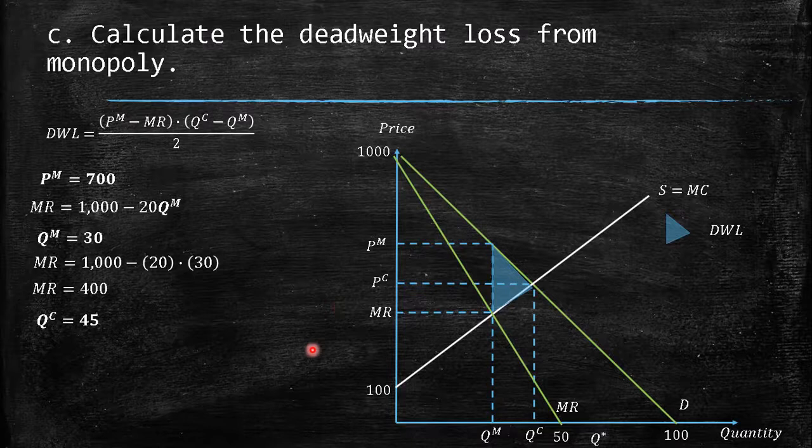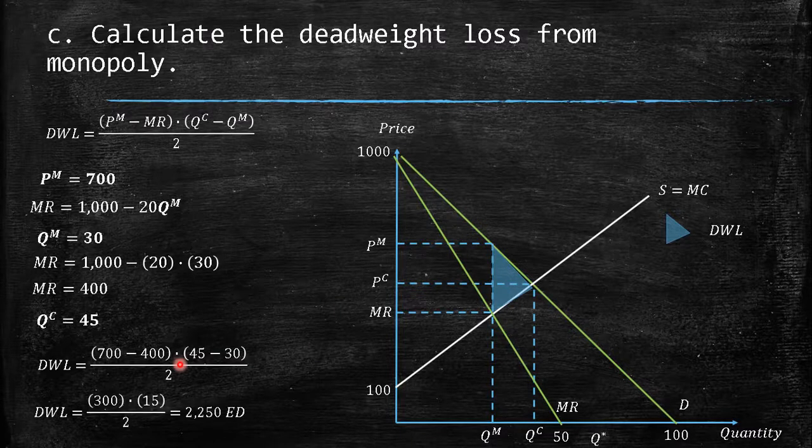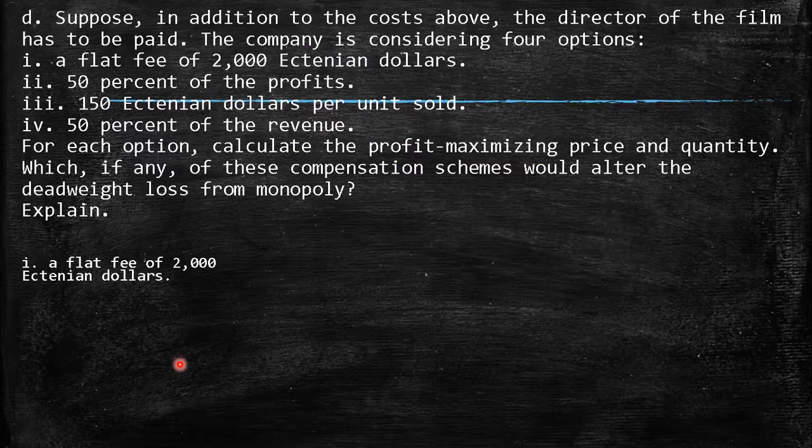Then the competitive quantity should be 45. Then we just replace all values, and here we find this one, which is measured in the Ectenian dollars of that country, which represents all the transactions that are not going to occur anymore due to a higher price.